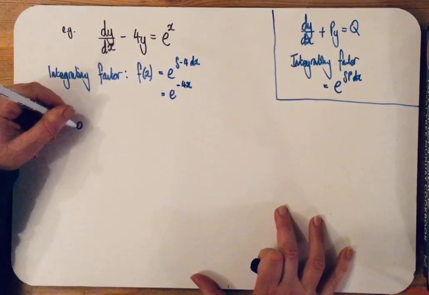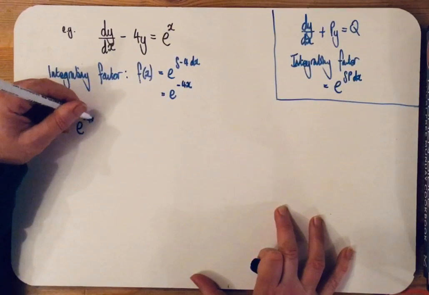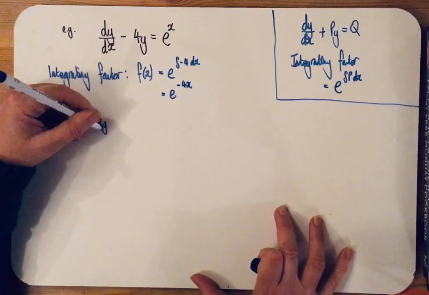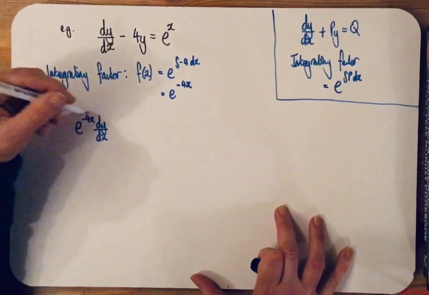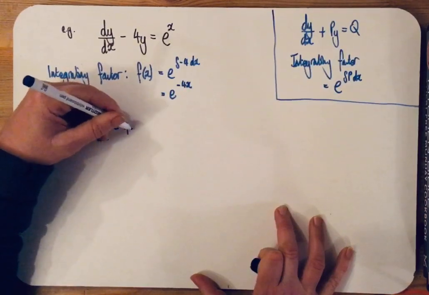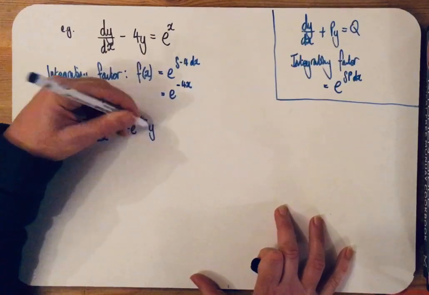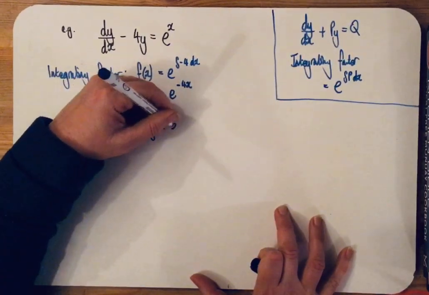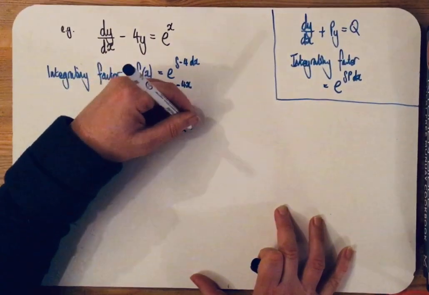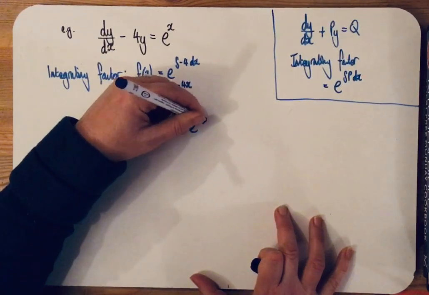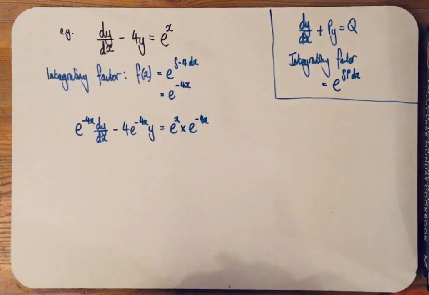So you get e to the minus 4x dy/dx minus 4e to the minus 4x y is equal to e to the x times e to the minus 4x.